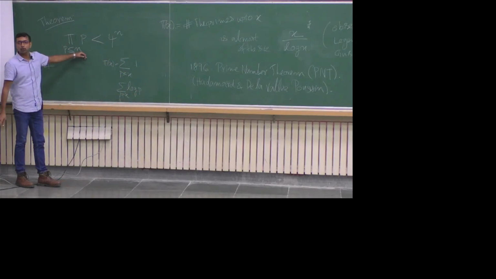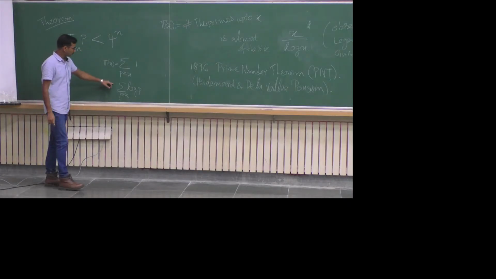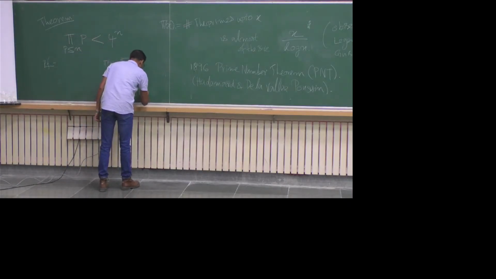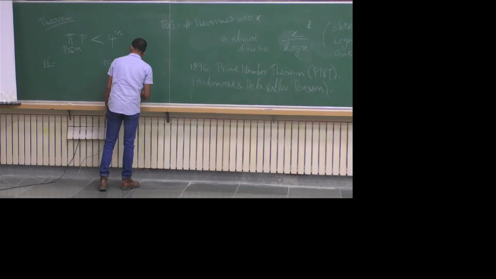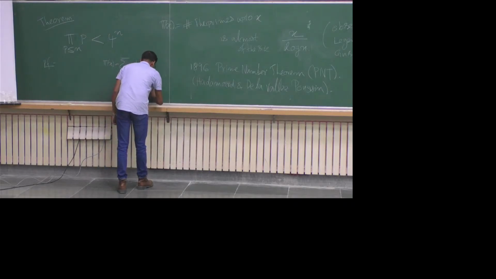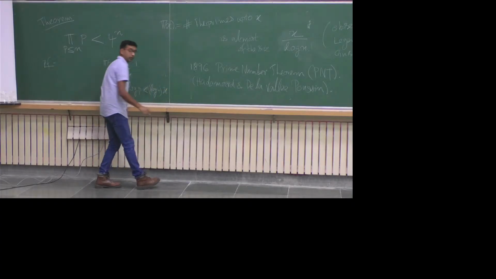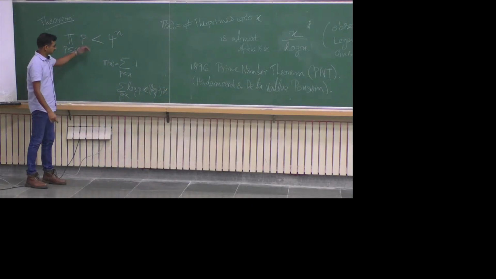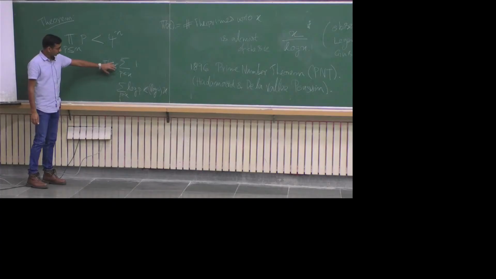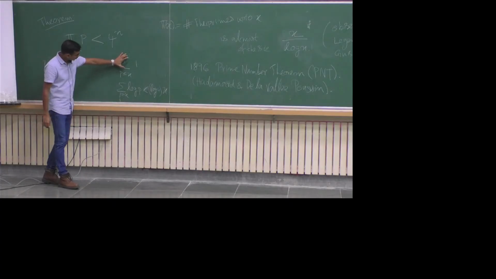So if this claim holds, then this sum is less than log 4 times x. This is just an equivalent statement, but I am trying to show you that instead of this sum, we are taking a weighted sum.